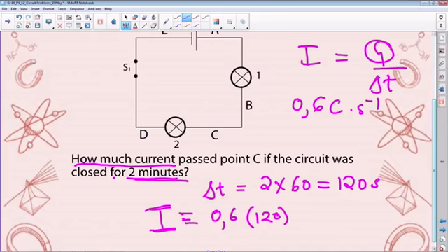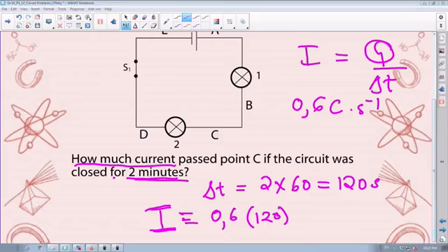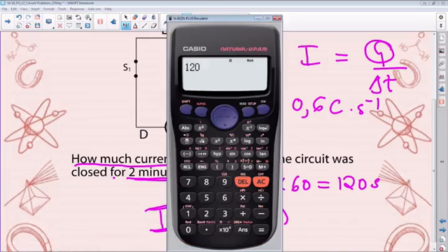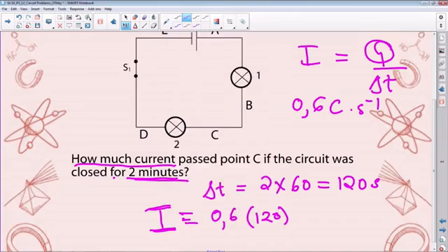So if we go to the calculator, we know that 120 is the time, multiplied by 0.6, which is 72, right? Which is equal to 72 amperes of current passes through that in 2 minutes.